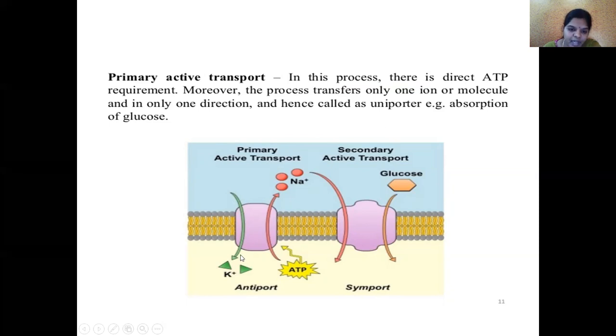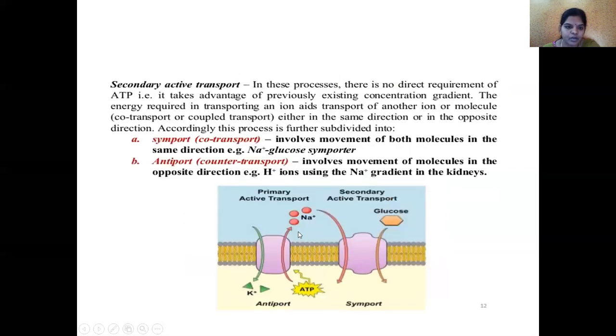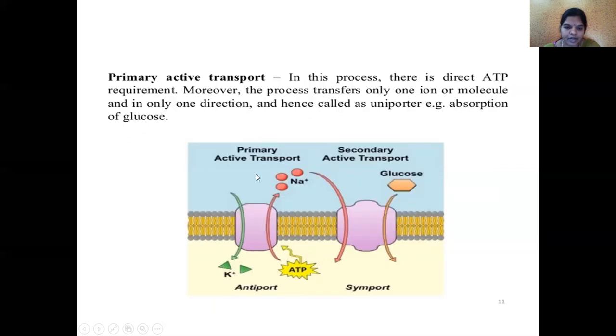See, only one direction it is transporting its molecules or ions, Na plus ions. ATP requirement is there and it is transporting in one direction only. So this is called active transport.